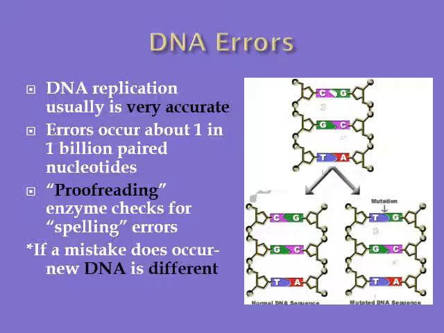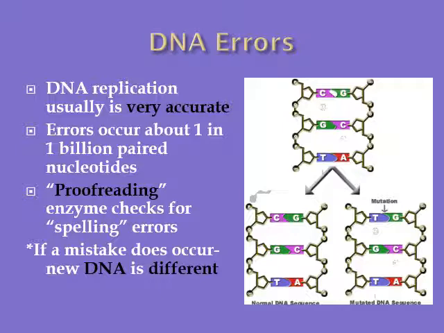And we have some enzymes to kind of proofread that and make sure that it's okay, but even those enzymes sometimes still make mistakes. If that mistake happens, that means that we have new DNA that's going to be different than the original. So let's take a look at our picture over to the right.